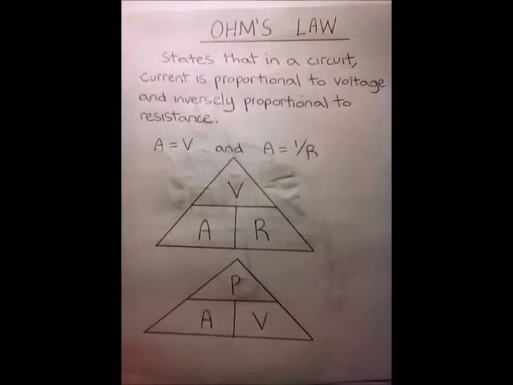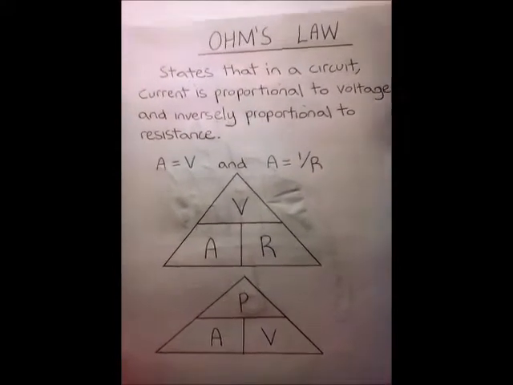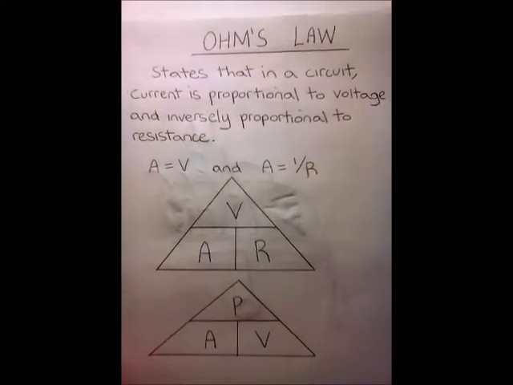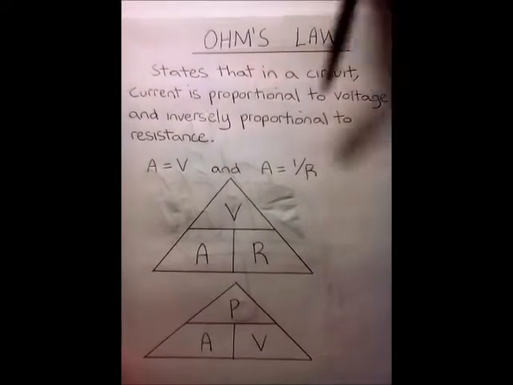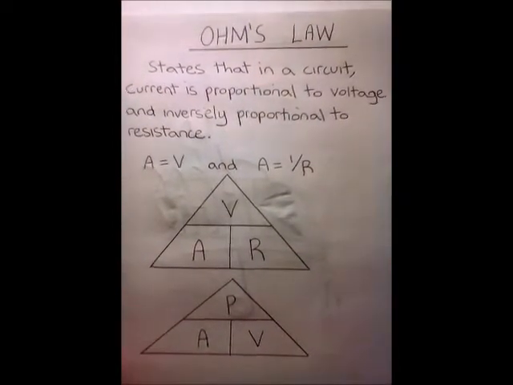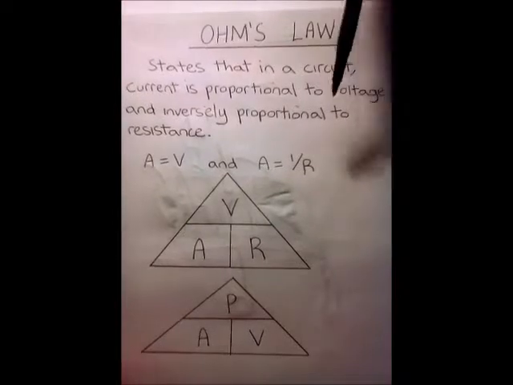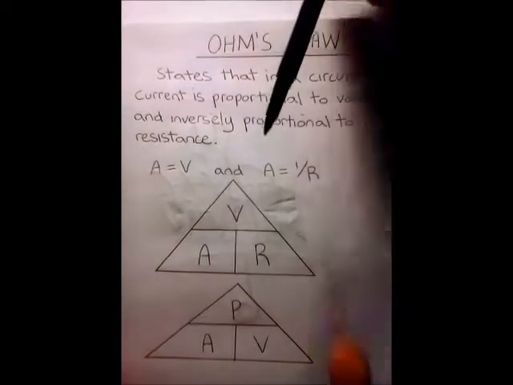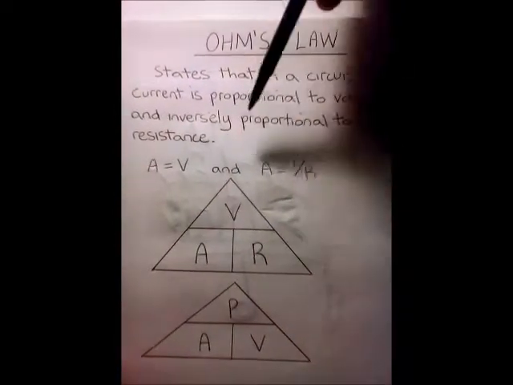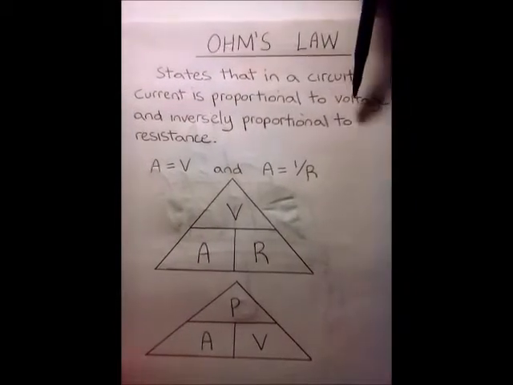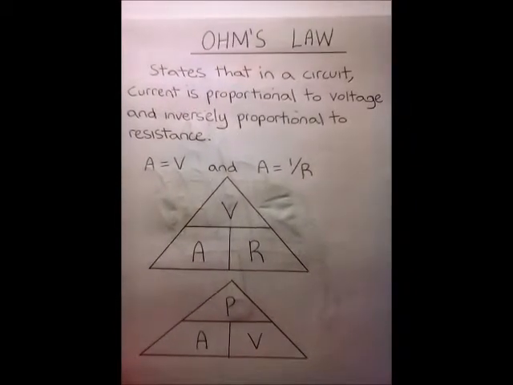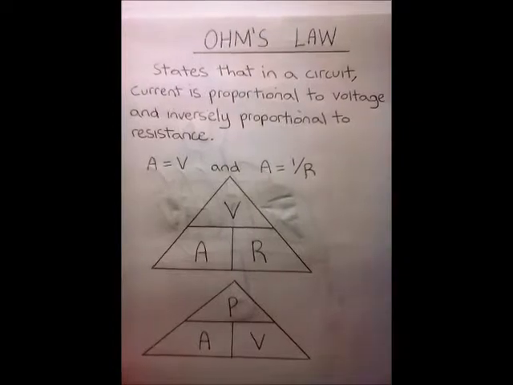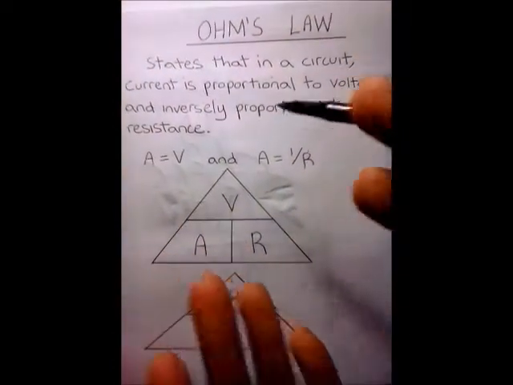Here's the next important part of electrical formulas. It's called Ohm's Law. This law states that in a circuit, current is proportional to voltage, but inversely proportional to resistance. That's basically the same thing I just said at the first part of this video. Voltage is the pressure that pushes electrons and allows current flow.